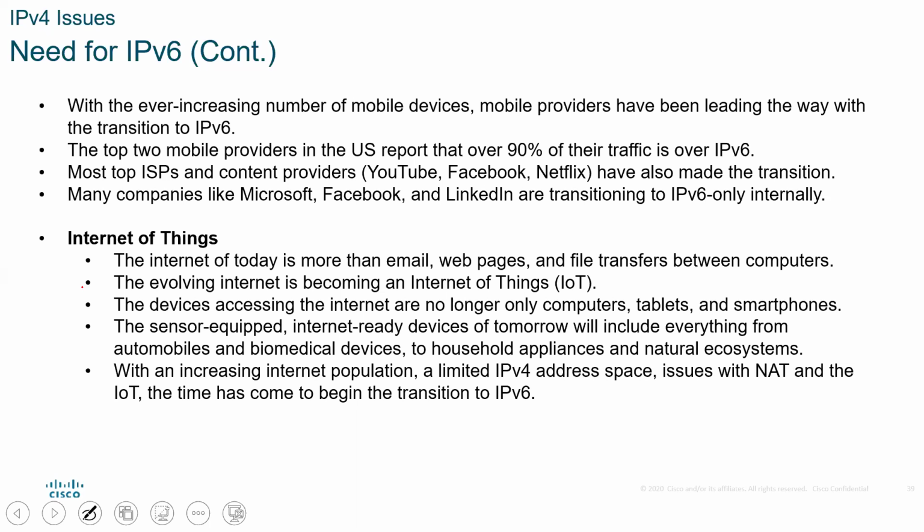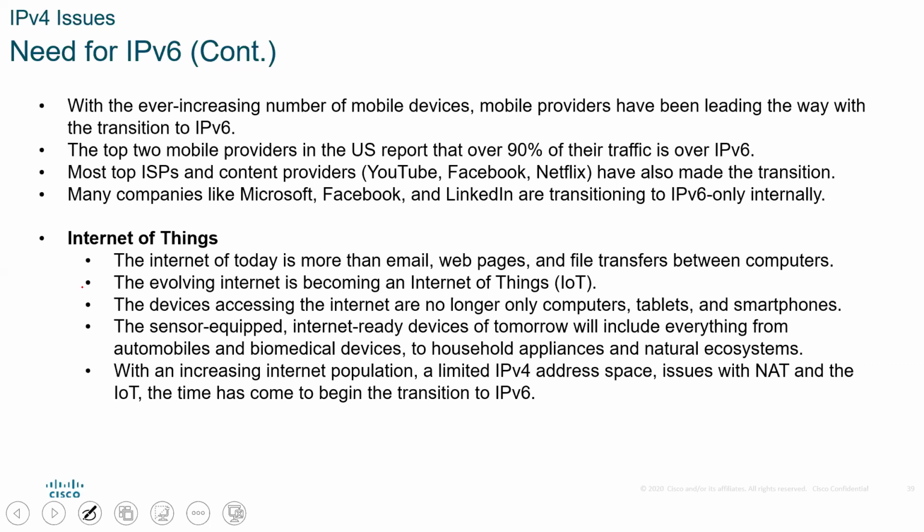With an ever increasing number of mobile devices, mobile service providers have to find a way to convert to IPv6. The top two mobile providers in the US, and the ones that we know most of them, YouTube, Facebook, Netflix, have made their transition. They have moved from IPv4 to IPv6 to make things faster, more efficient.